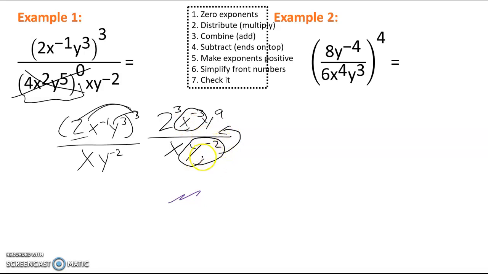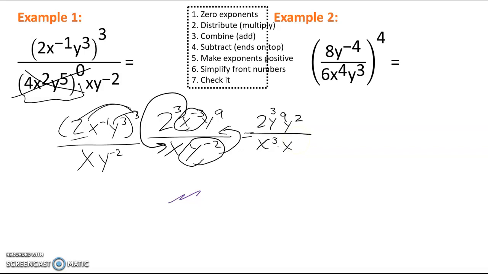So any negative exponent that I have on the bottom moves to the top. Any negative exponent that I have on the top moves to the bottom. And then it turns into 2 cubed y to the 9th, and then y to the 2nd turns positive, over, I'd move this x to the negative 3 to the bottom, turns into x cubed on the bottom times x, just x, excuse me, okay?